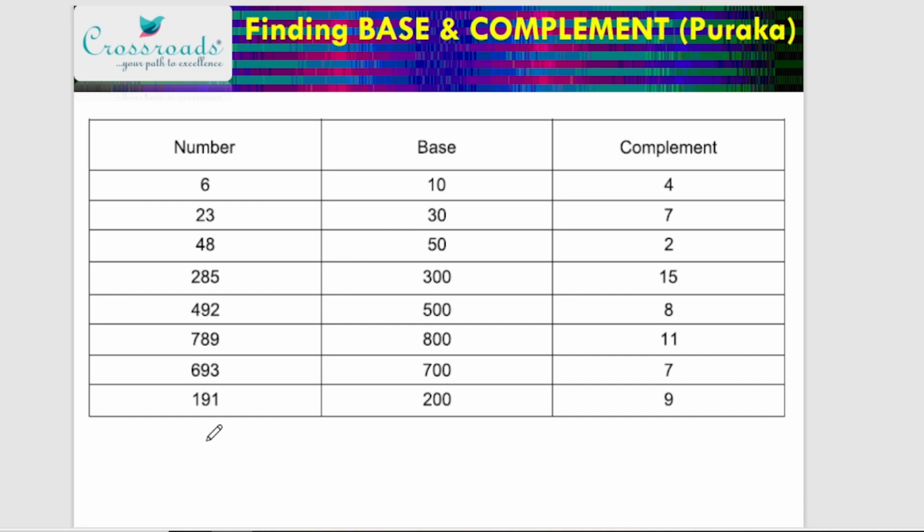I have 789 as a number, the base is 800, and the complement becomes 11. I have 693 as a number, the base is 700, and the complement becomes 7. I have 191 as a number, the base is 200, and the complement becomes 9. So this is how we find the complement of the given numbers when we are working with the base method.